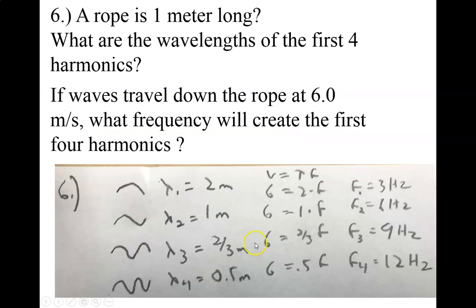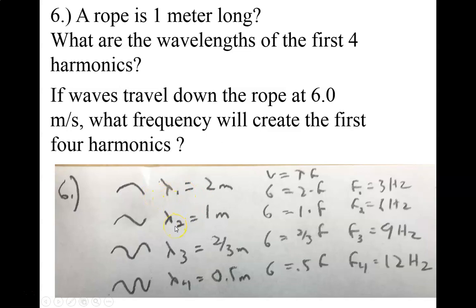Okay, a rope is 1 meter long. What are the wavelengths of the first 4 harmonics? If a wave travels down the rope at 6 meters per second, what frequency will create the first 4 harmonics? So if the rope is 1 meter, I can fit half a wave on it. So lambda 1 is 2 meters, just twice that.